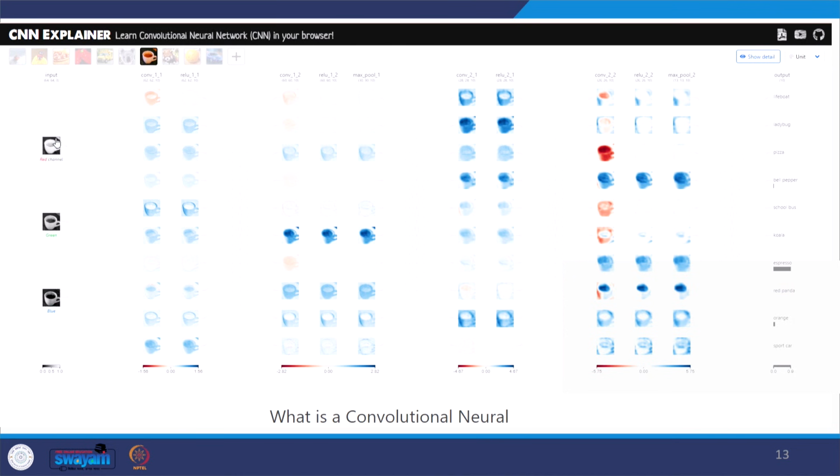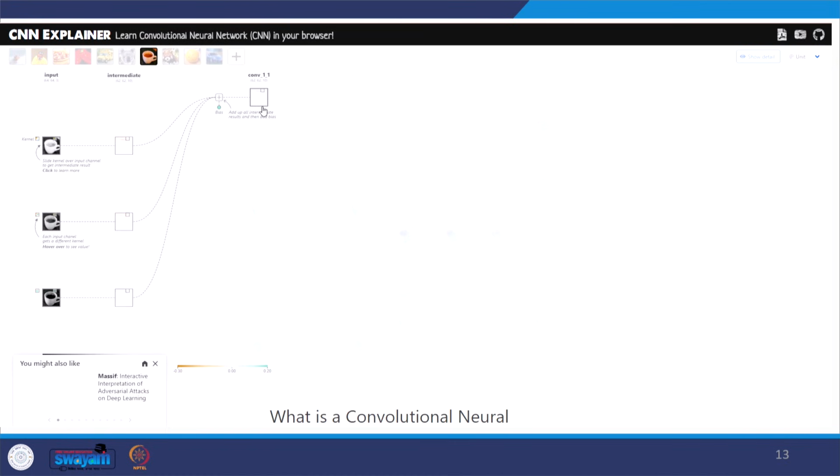Here you have the 3 channels for RGB, and here are your convolution, convolution and ReLU, convolution, ReLU and the max pool. Likewise you have the final output over here.